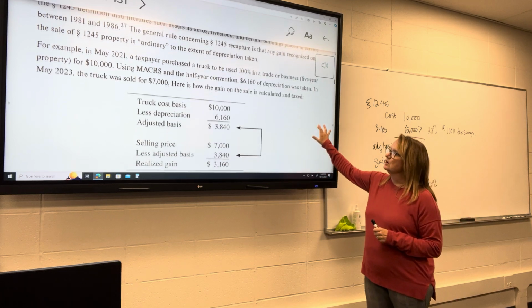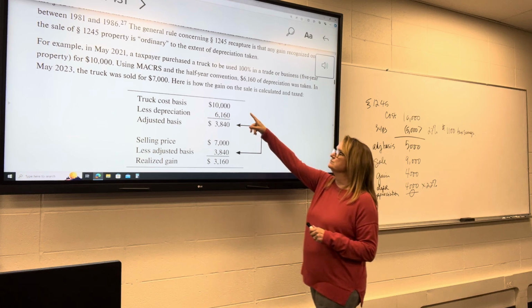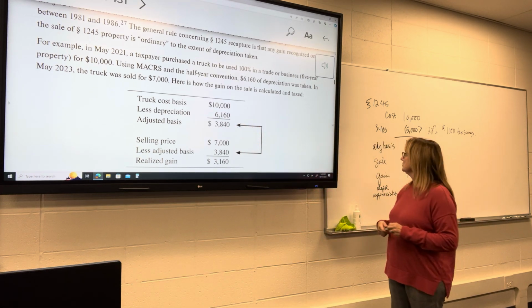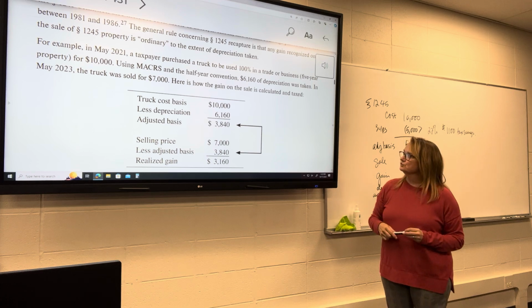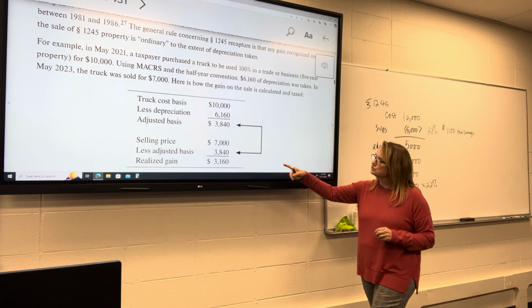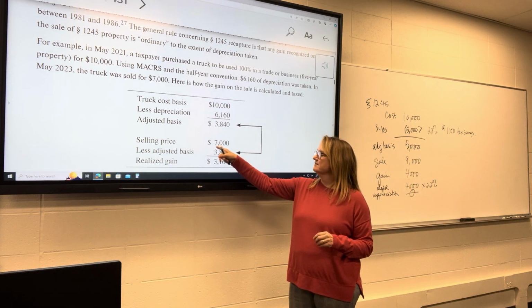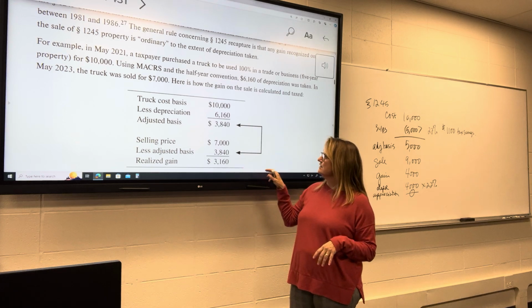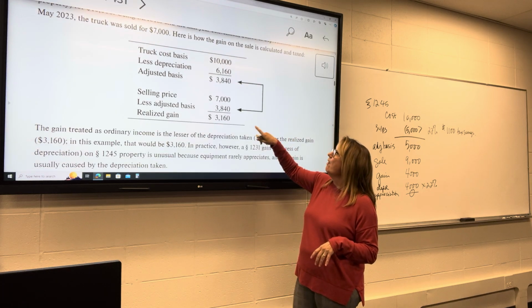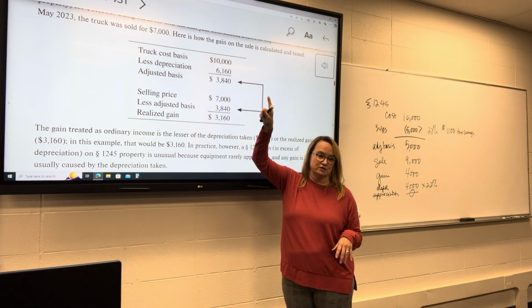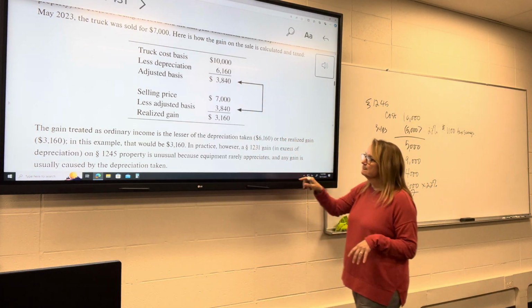So the basis of the truck was $10,000, they took $6,160 of depreciation, so its adjusted basis was $3,840, and then they sold it for $7,000. So our total gain is $3,160. All of that gain is due to depreciation that was taken, right?